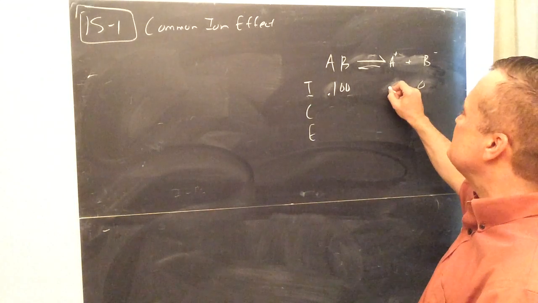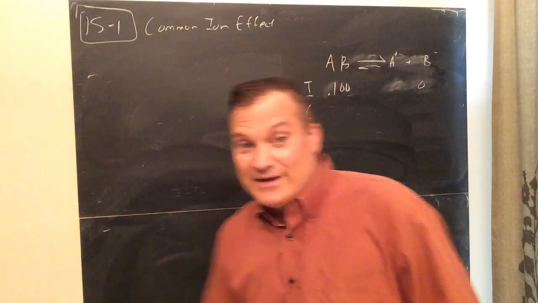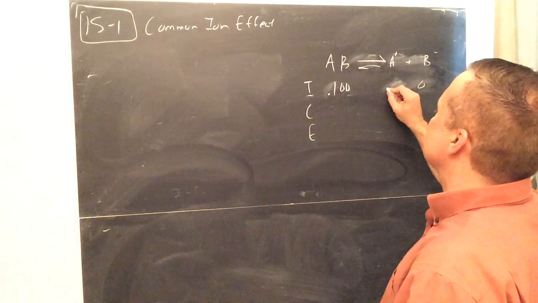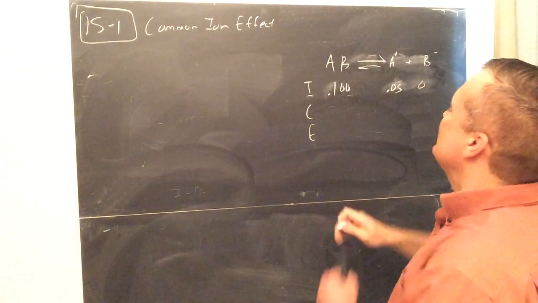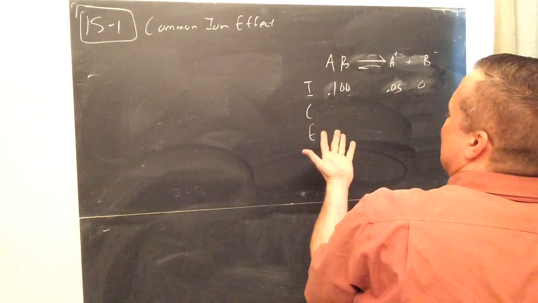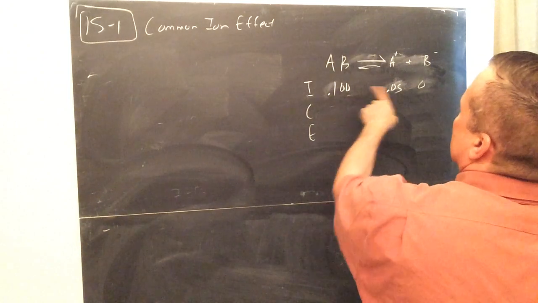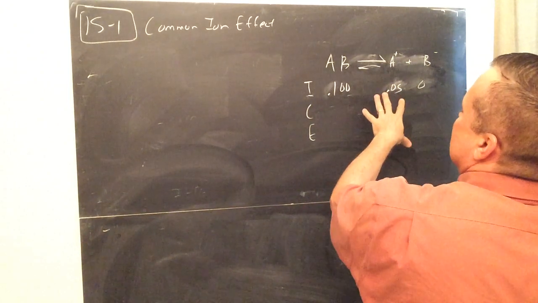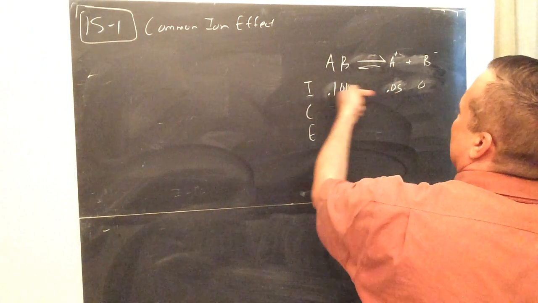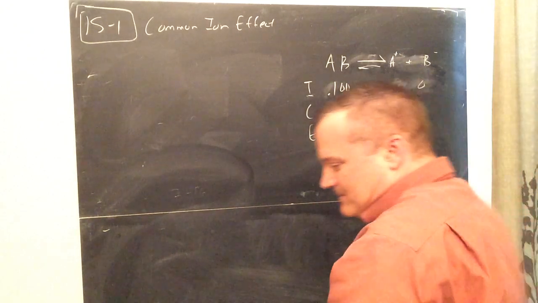But if there is a number here, you have what's called the common ion effect. If I had something right here like 0.05, then I'm not going to shift as much over to the right as I would have otherwise. It's going to be different. That's going to block it a little bit. You don't need as much to come over.